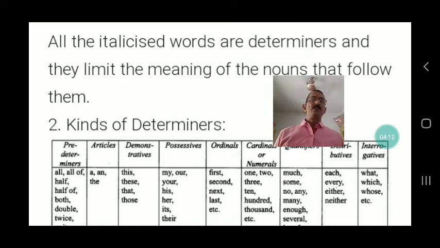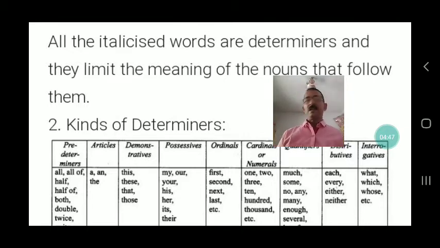As my, his, her, a, the, 1, 2, 3 do not change their form. But beautiful, more beautiful, most beautiful, or tall, taller, tallest, bright, brighter, brightest, these are adjectives. They change their forms from positive to comparative and comparative to superlative.